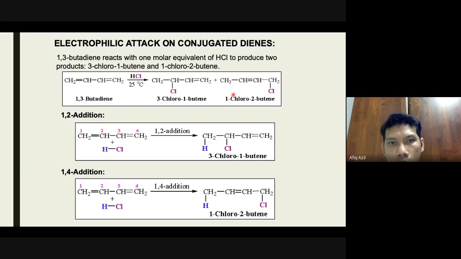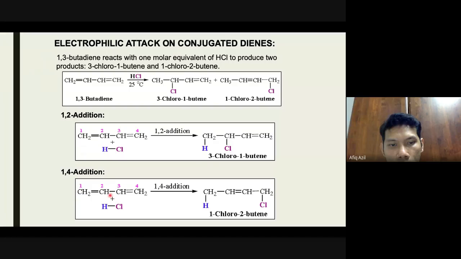So how does the double bond from the end suddenly end up in the middle? Later we'll see how this second product is formed. There are two types of addition. The first one is known as 1,2 addition, in which the hydrogen is added to carbon number 1 and chlorine at carbon number 2.